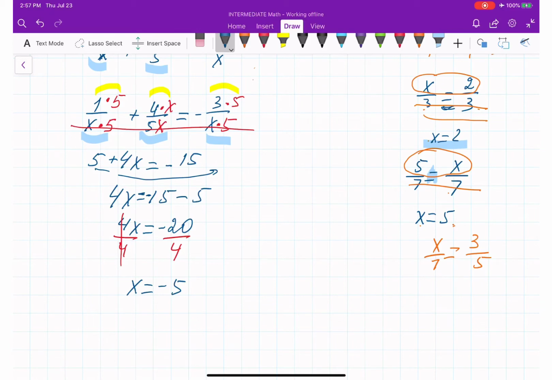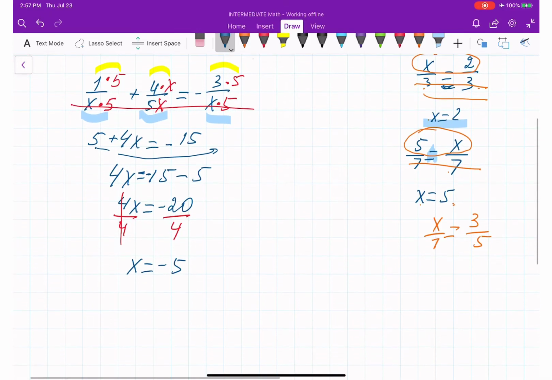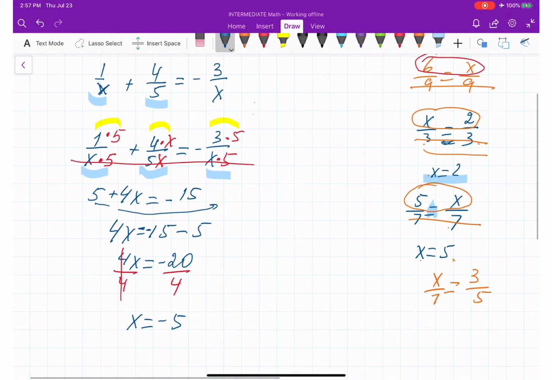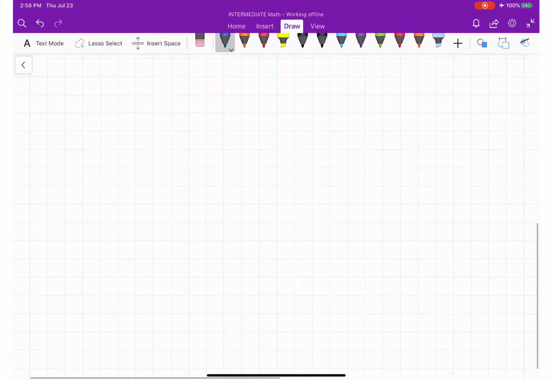Okay? If you want to check whether you got it right or wrong, just plug this answer, negative 5, in instead of x, and you should get the same result on the right side of the equation and on the left side of the equation.